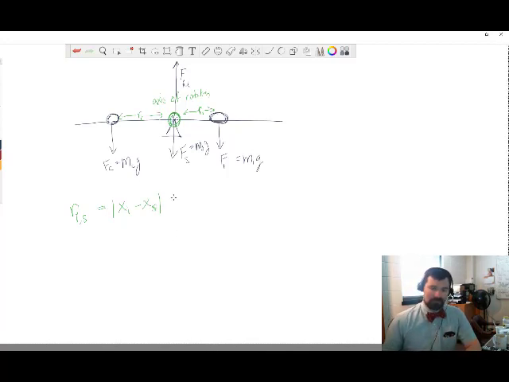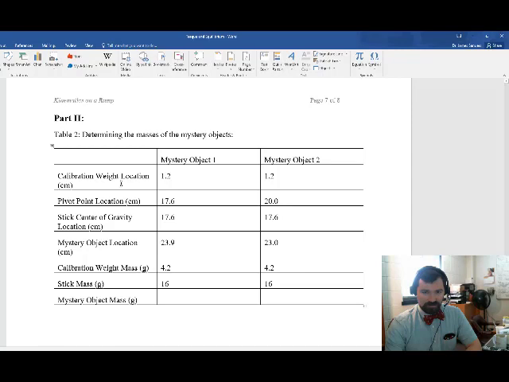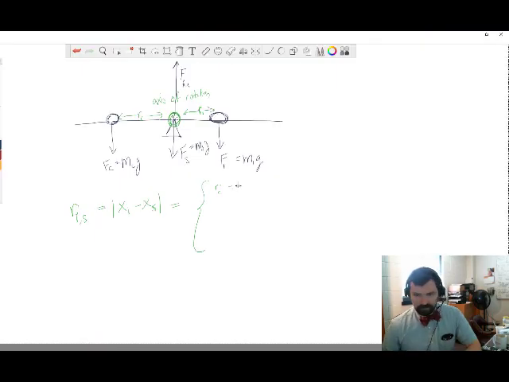Alright, so again we have 4 objects. We have r sub C, that one. We look over here, we see that we placed the calibration weight at 1.2 centimeters this time. So we'd basically be using 1.2 centimeters minus 17.6 centimeters. Take absolute value. This is 16.4 centimeters.